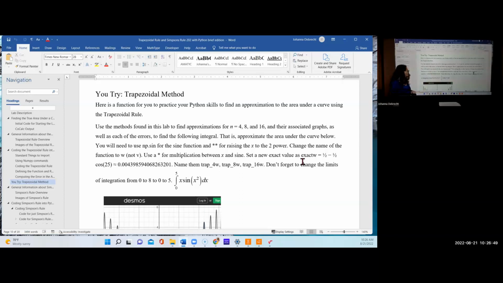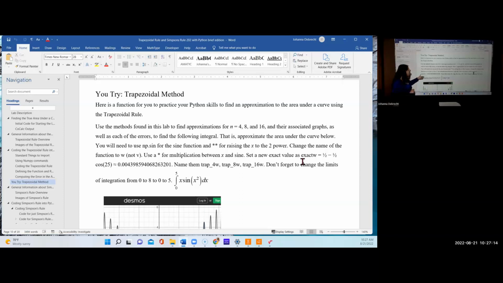Now we want to set the new exact value to be 1/2 minus 1/2 the cosine of 25, which is this value right here. Now, in order to do that, I named it exact W, which is for the you-try example. And so you're going to have exact W equals 1/2 or 0.5 minus 0.5 asterisk for times.